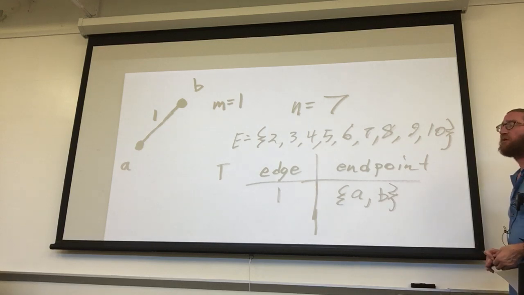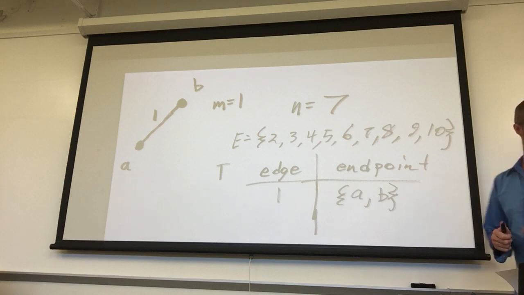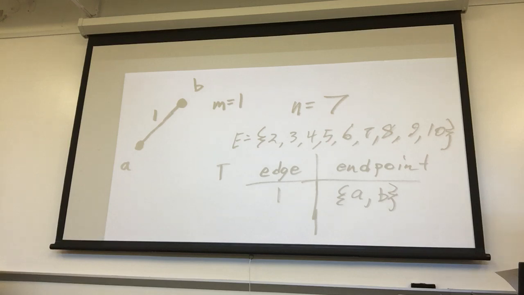Saying edge 1 is going to connect endpoints A and B. And that says if it does not produce a circuit, then add to the next step.